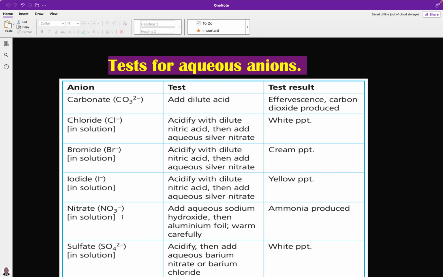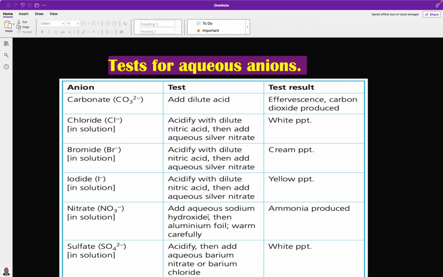Let's go for the test for nitrate. In testing for nitrate, if you have a solution that contains nitrate ion, to identify that there is nitrate ion in that solution, add aqueous sodium hydroxide solution.